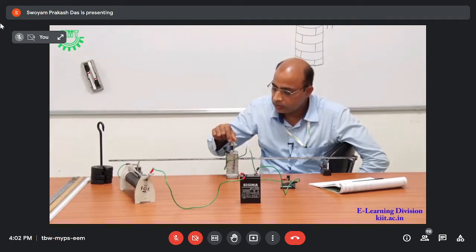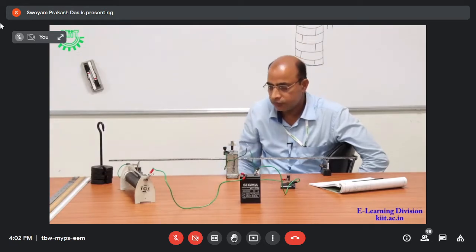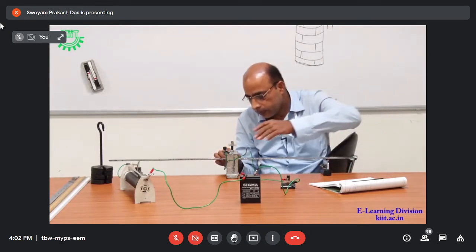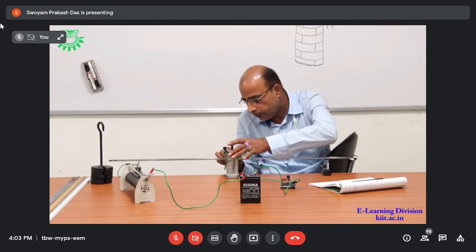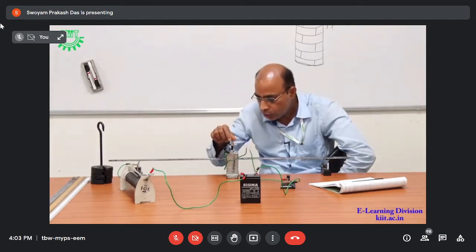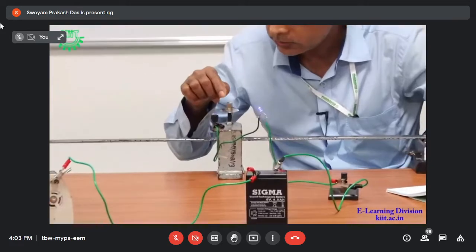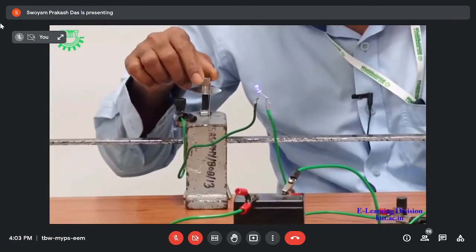I am rotating now in anti-clockwise. Bulb is off. Yes, a little more rotation will be given, and 87 I have to watch. No, 87 has not crossed.